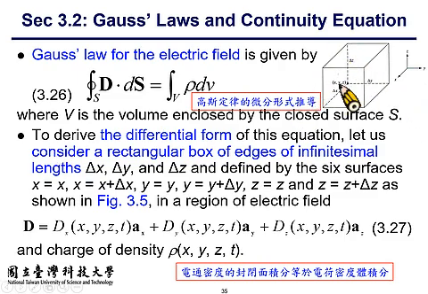So they only differ from the point x, y, z by a little distance. So these three little distances, delta x, delta y, and delta z, span a very small cubic volume.